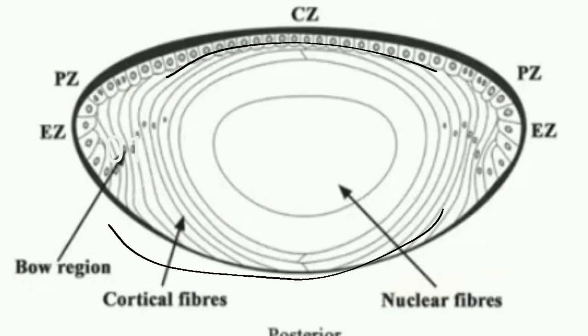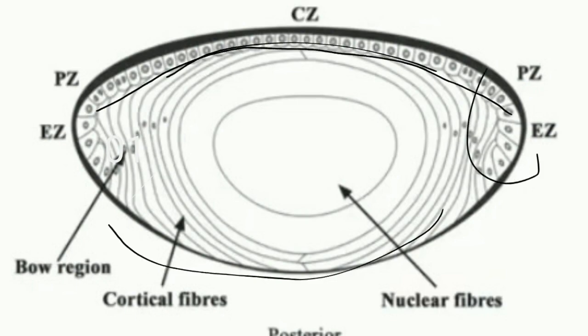This lens is covered by a very elastic capsule, which is formed by the underlying subcapsular epithelium. This capsule has a very elastic structure, which enables it to increase the refractive power of the lens, and has a very important function by providing nutrition to the lens, which is avascular, and regulating the removal of the waste products of the lens metabolism.